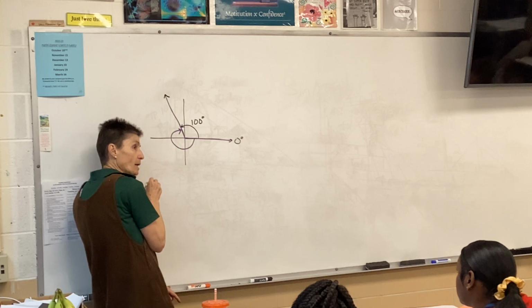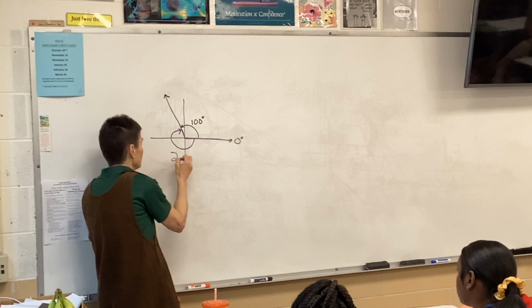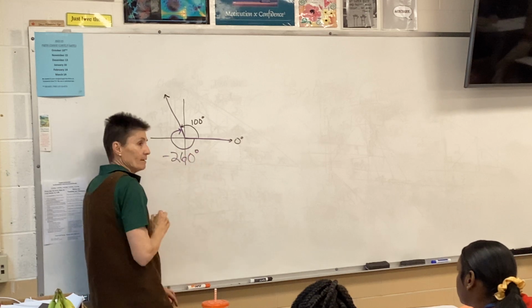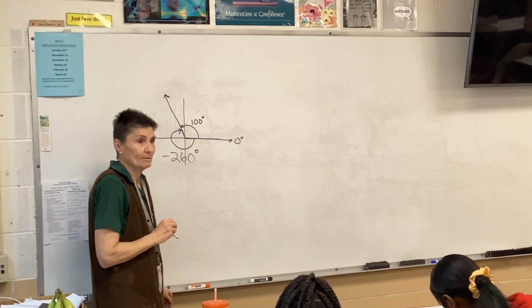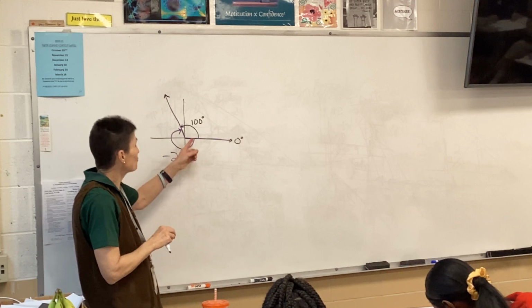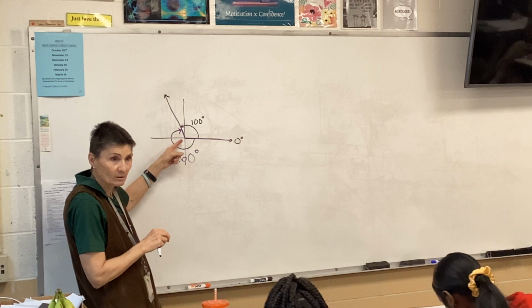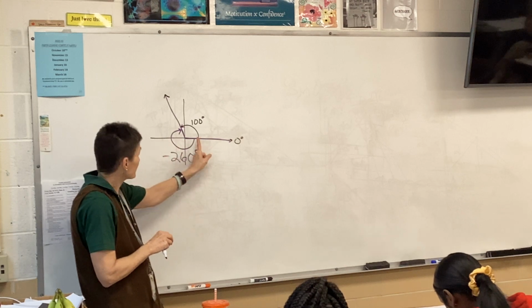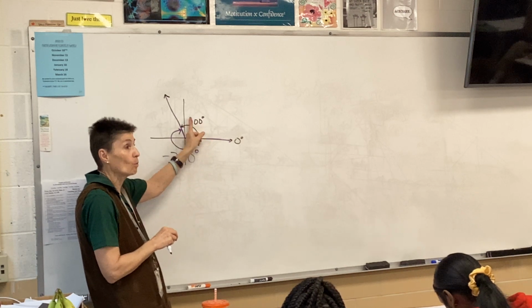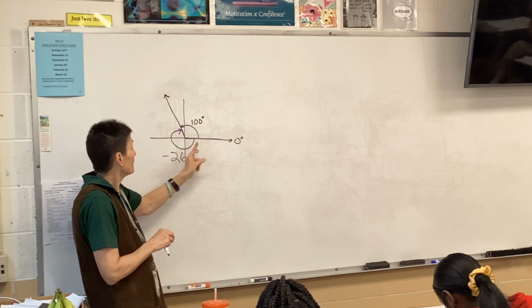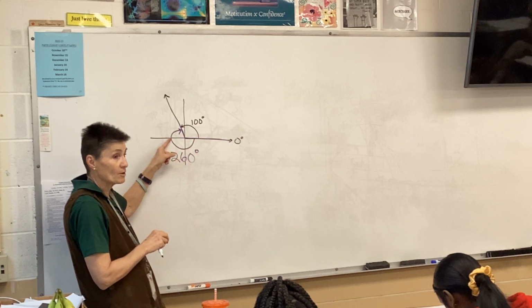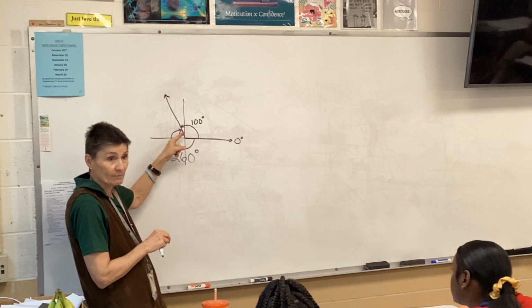260. Only it'd be negative. Why is it negative? Because when you rotate in this direction, your angle is negative. This is a positive rotation. Counterclockwise is positive. When you rotate this way, your angle is negative.